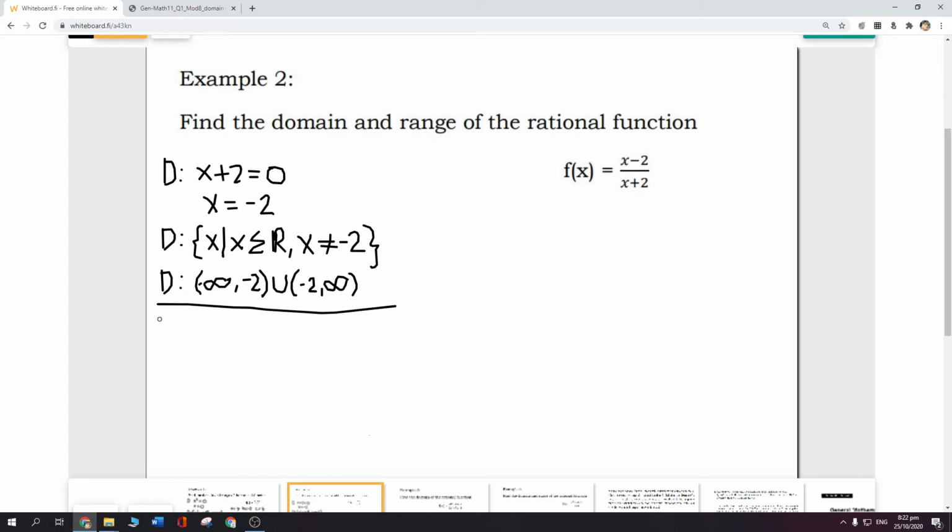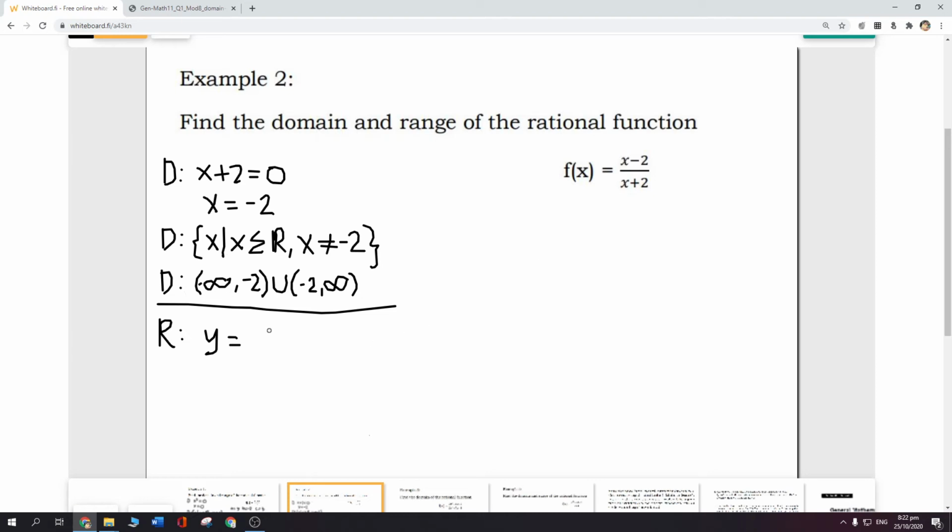Okay, so this time we are going to determine the range of the function. To do this, we have to change f of x into y because we are going to solve x in terms of y.